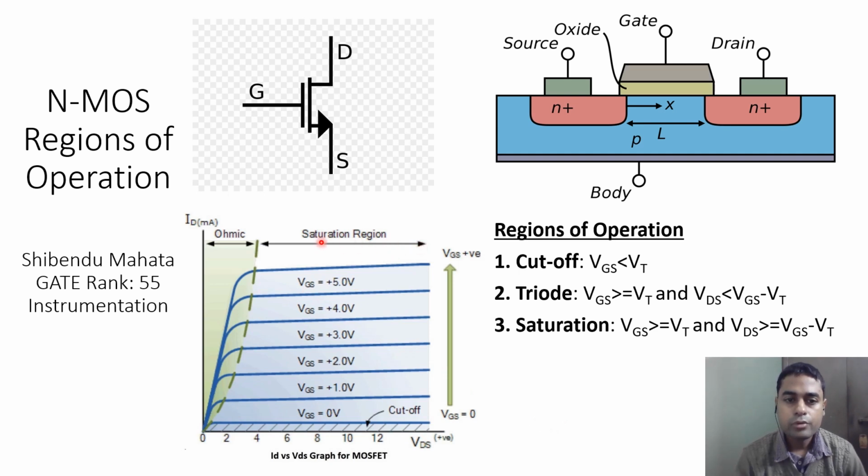And then finally you come up with a region which is called the saturation region. So in an ideal N-MOSFET, this current is independent of the drain to source voltage, whereas in a practical N-MOSFET, there will be some inclination, which implies that there is some resistance associated with the constant current source.